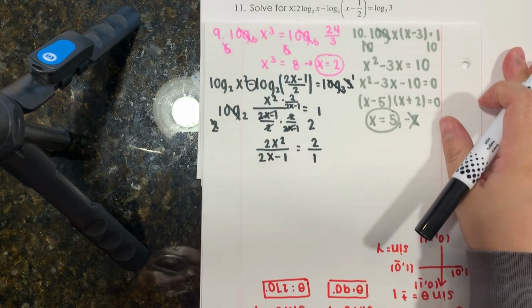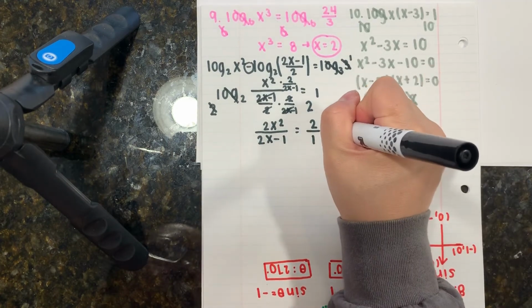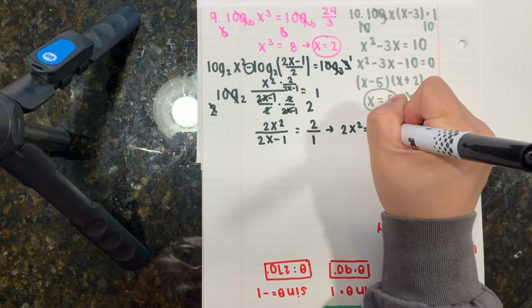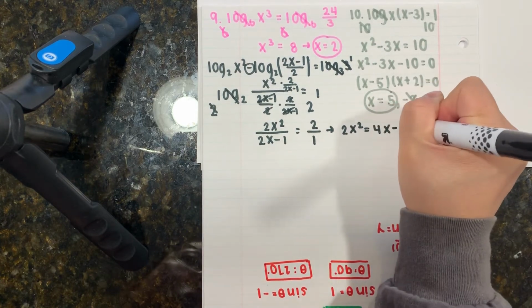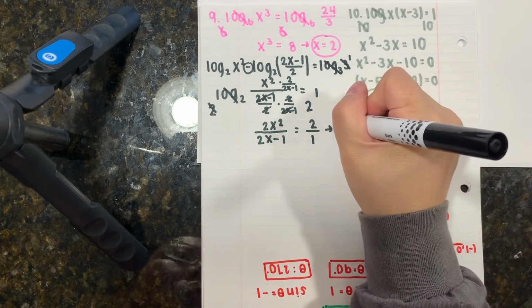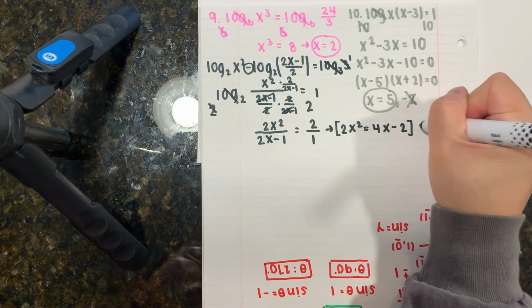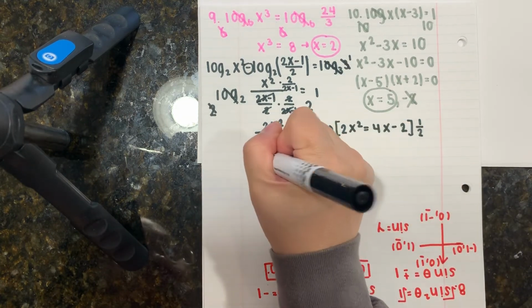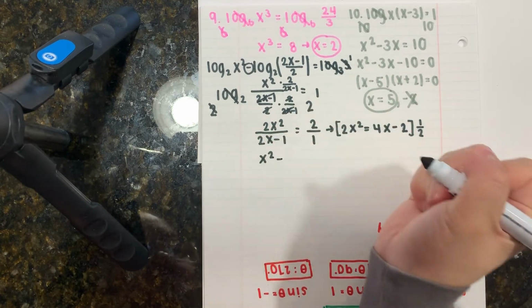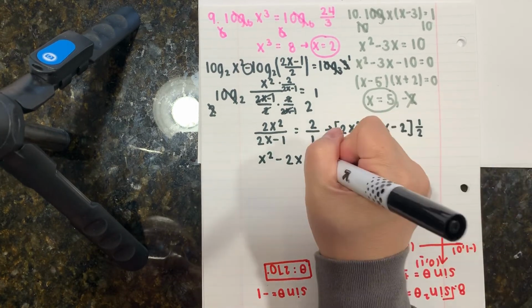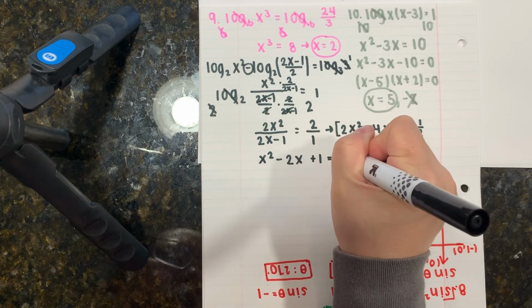Now to solve, I'm going to cross multiply. So that would become 2x squared is equal to 4x minus 2. Well, I can see that this whole thing is divisible by 2, and I'm also going to bring everything over to the left-hand side. So when I do that, I'm going to get x squared minus 2x plus 1 equals 0.